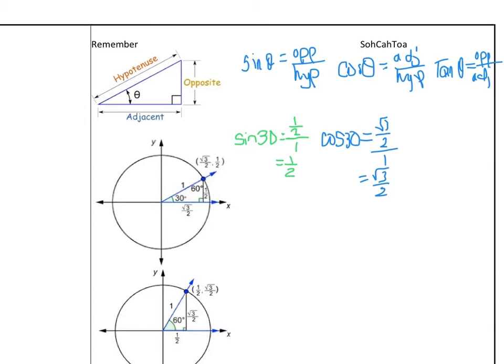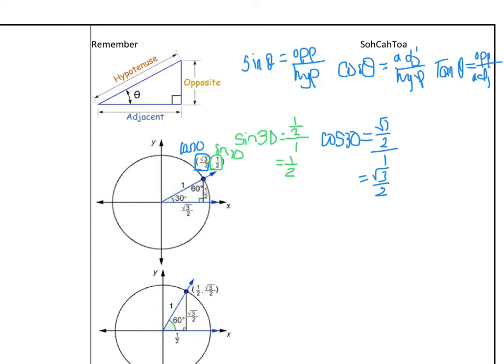Well, notice that the cosine is the first coordinate of our point, and then the sine is the second part of our coordinate. So hopefully we notice that this x coordinate is the cosine, and the y coordinate is our sine.